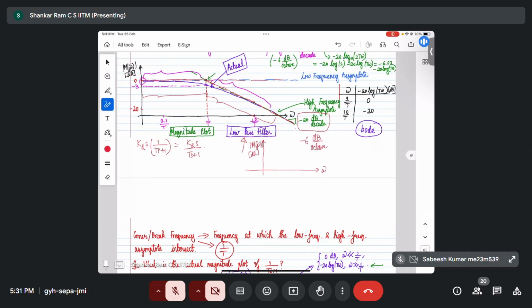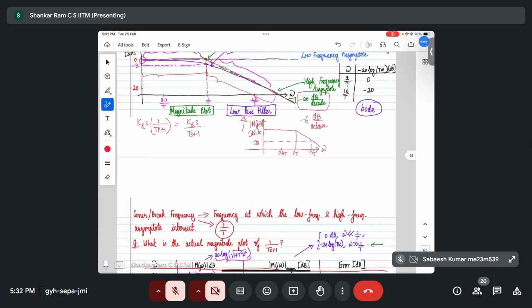What we have drawn is a low frequency asymptote at 0 decibels till 1 by T, and a high frequency asymptote having a slope of minus 20 decibels per decade. So we have drawn two straight lines for the factor 1 by Ts plus 1.